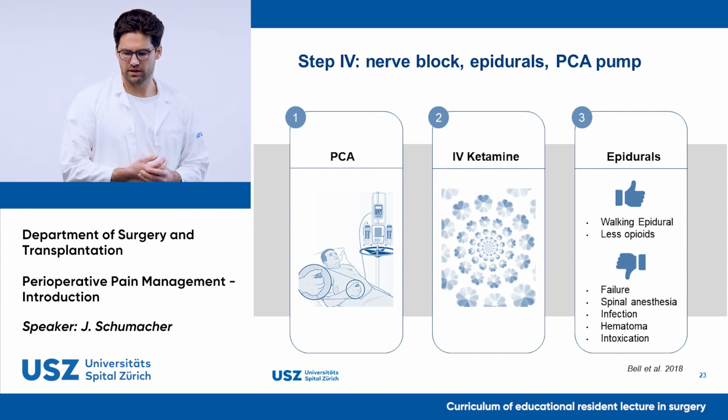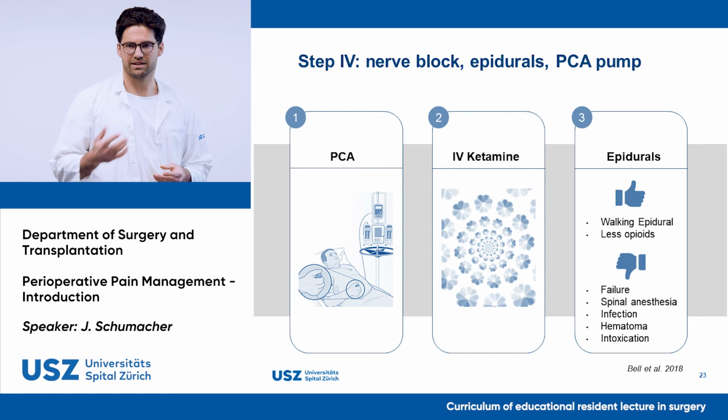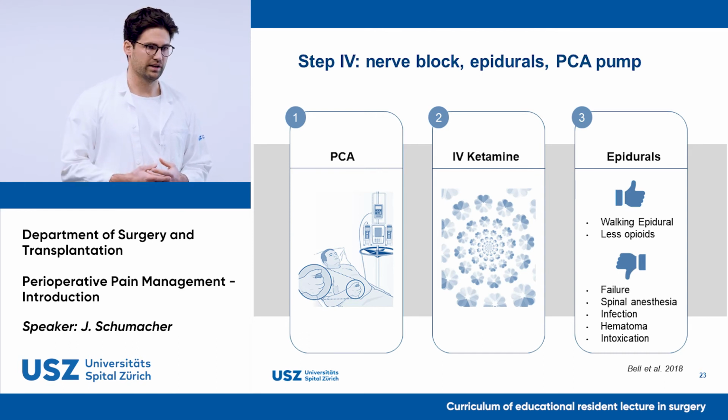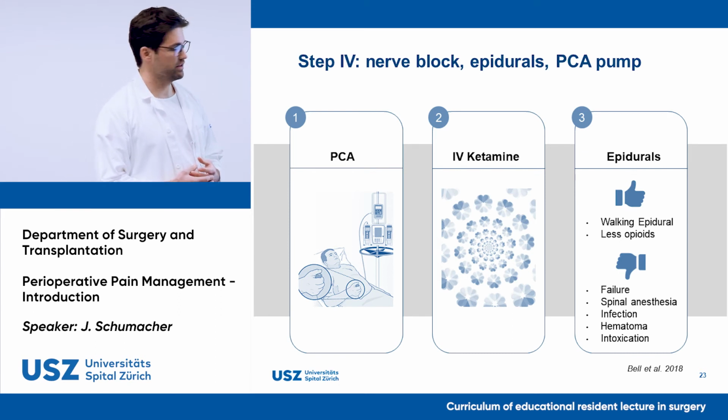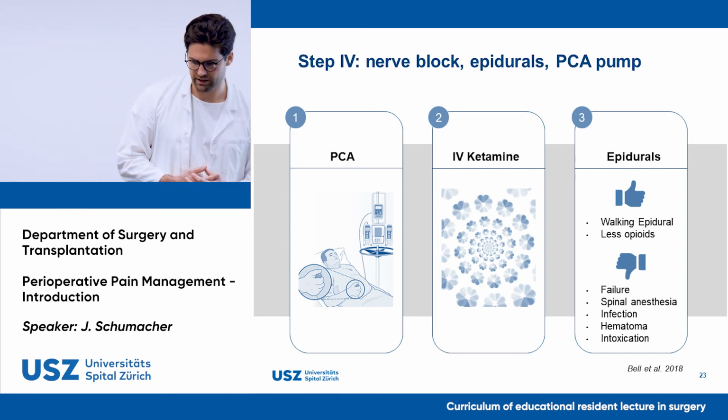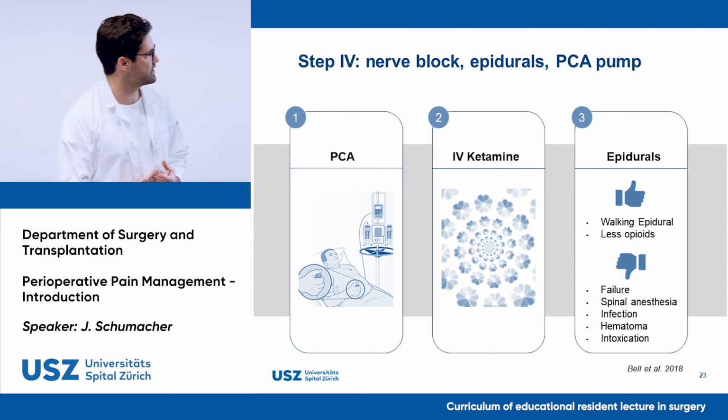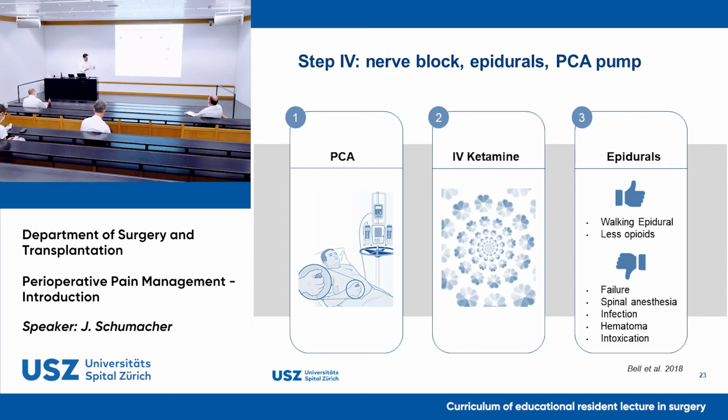The huge advantage of that method is that the patient can control the pain by themselves, and that leads to an independent control over the pain. However, this method needs the patient's compliance. So in a comatose patient, I cannot use these methods.